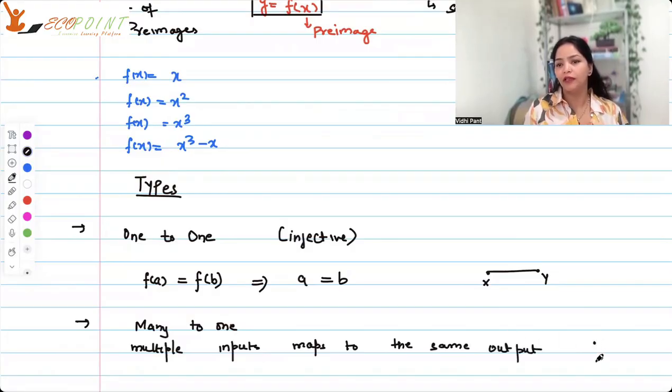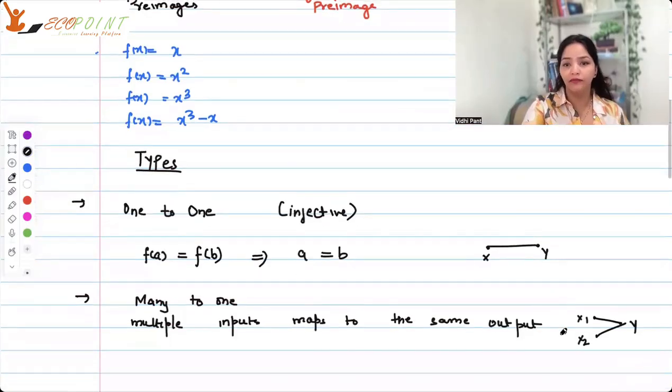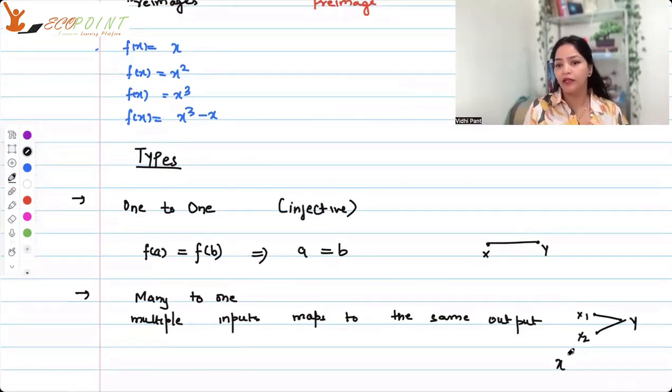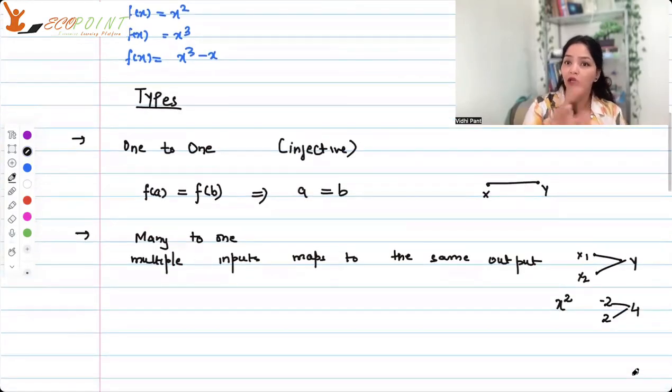So say you have x1 and x2, both mapping to the same y. For example, think about x square. Whether you have minus 2 or 2, both will give you 4, because squaring will take away the negative sign. So you will get 4 in both cases. That's a many-to-one function. A function that is many-to-one can of course not be one-to-one.